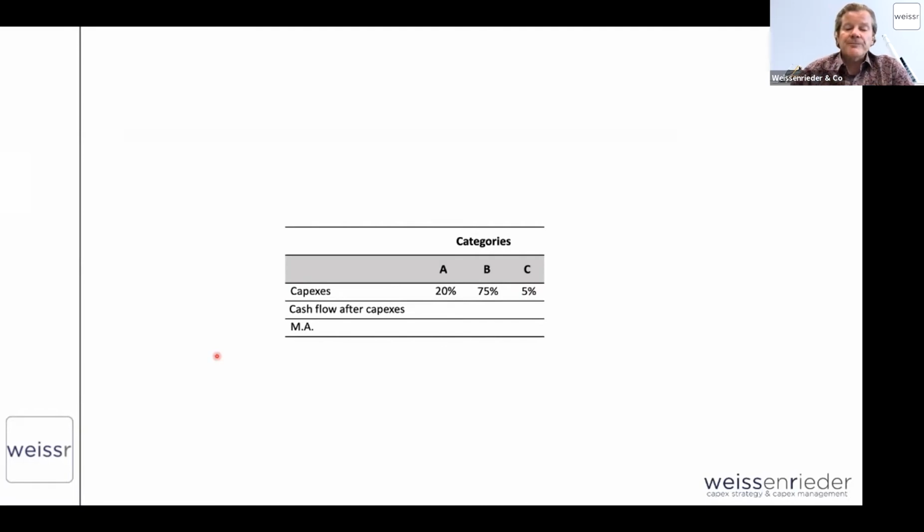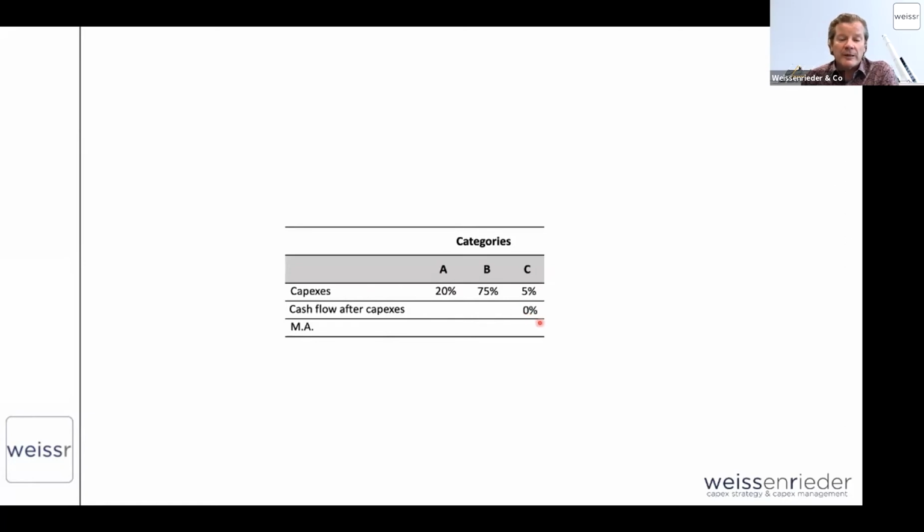The next question is, if you look at the next 10 years of cash flow, you can look into the future, 10 years. How much of your cash flow will come from each one of these categories? Well, if we have 10 mills, again, we have 1 mill over here that is a C mill. If we are really lucky, that's going to say 0.